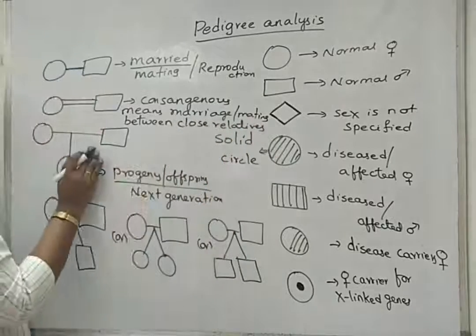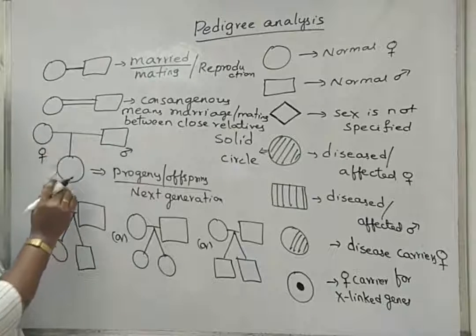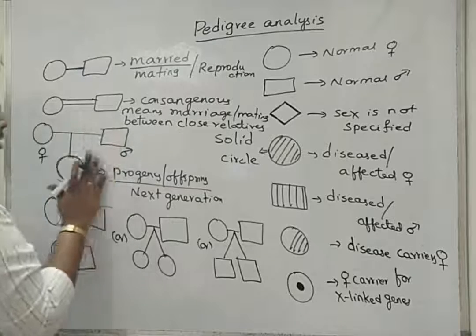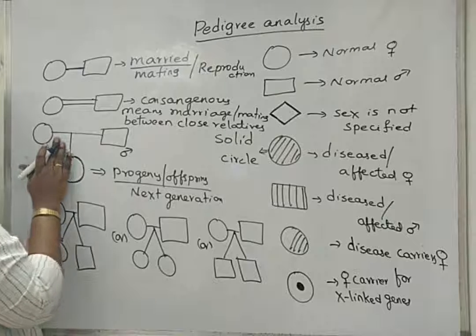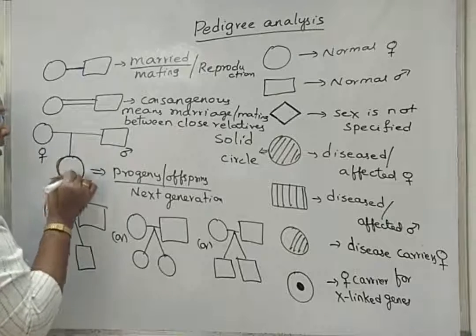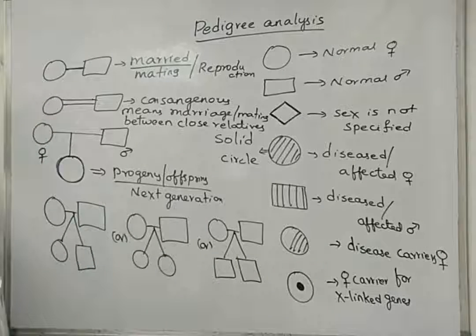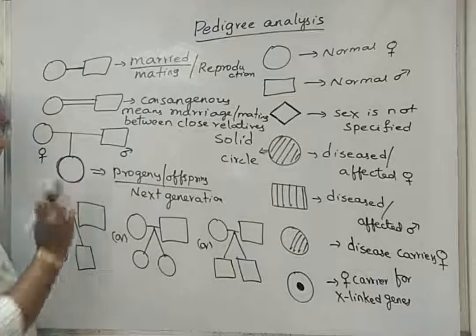Next, if the female and the male are connected by a single horizontal line and a vertical line shows another circle like this, the total representation is telling us about a family, and the bottom circle is considered the offspring or progeny, the next generation. We can consider this one as generation 2 and this one as generation 1.